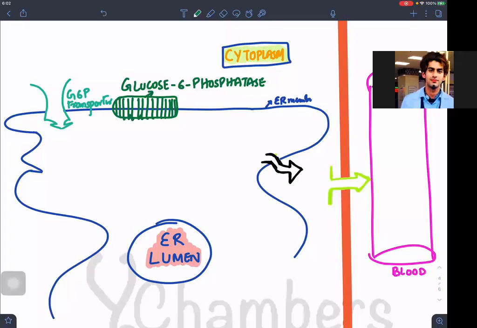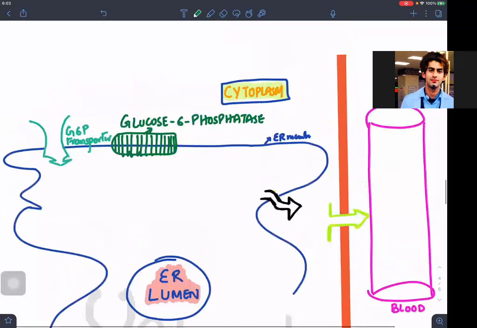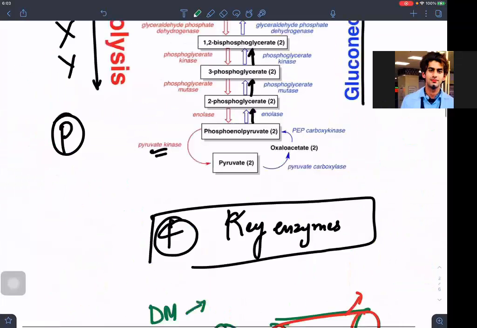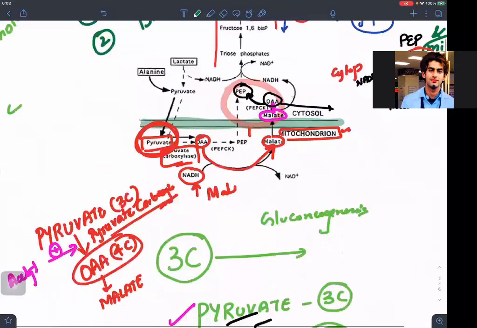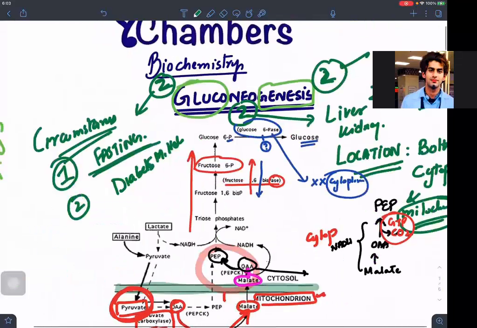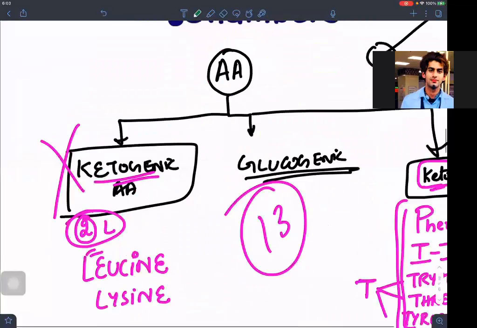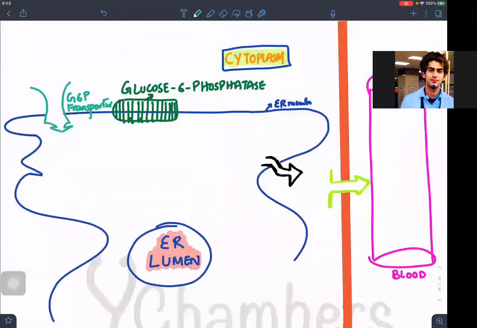So if we have to convert the G6P into glucose, what will I use? Glucose 6 phosphatase. This glucose 6 phosphatase is present here, the green color enzyme.